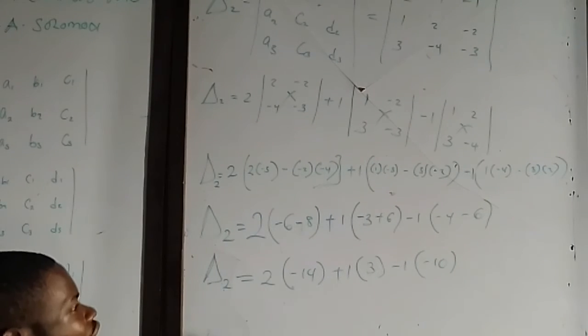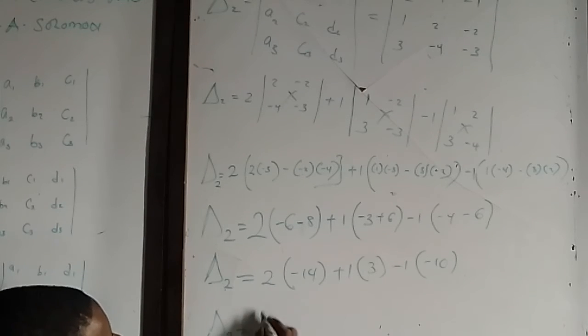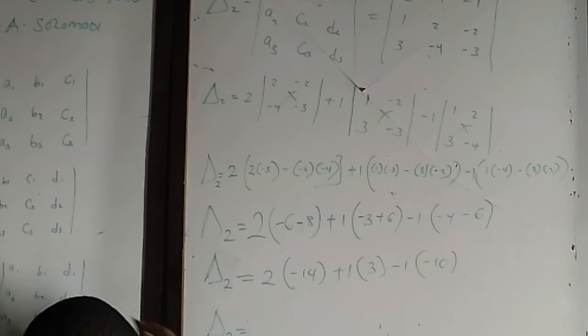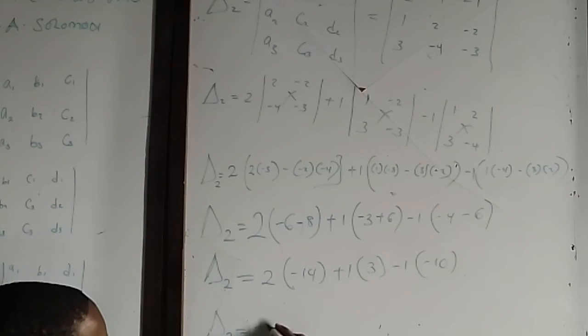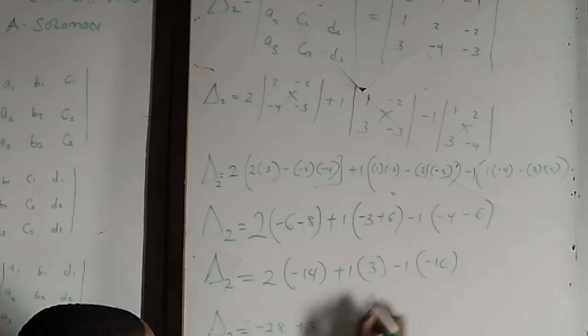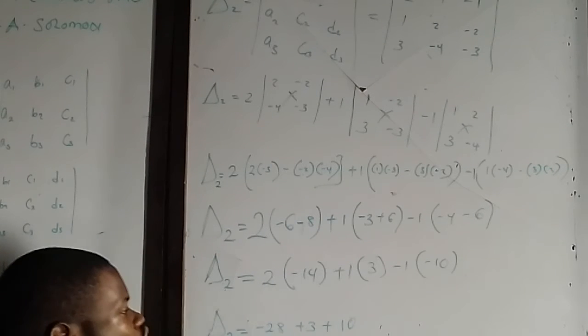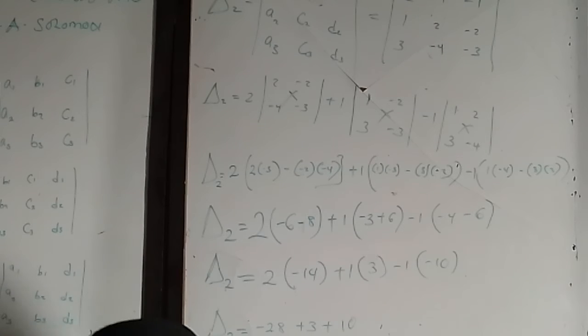Do you understand? So our D2 is equal to 2 times minus 14 will give us minus 28. So plus 3, plus 10. Minus 1 times minus 10 will give us plus 10. So do you understand?